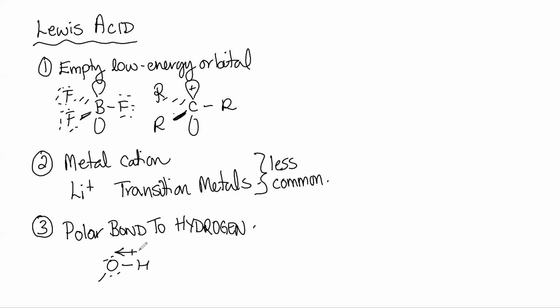So polar bond to H. If some base comes along and grabs this, the Lewis acid has effectively accepted the lone pair which is in this bond. So Lewis acids basically have these three characteristics. And this last one is basically the same as a Bronsted acid.